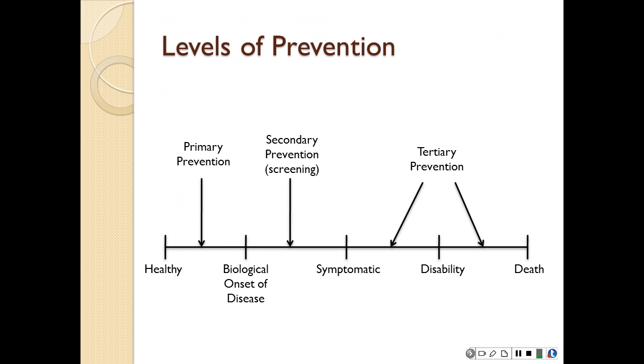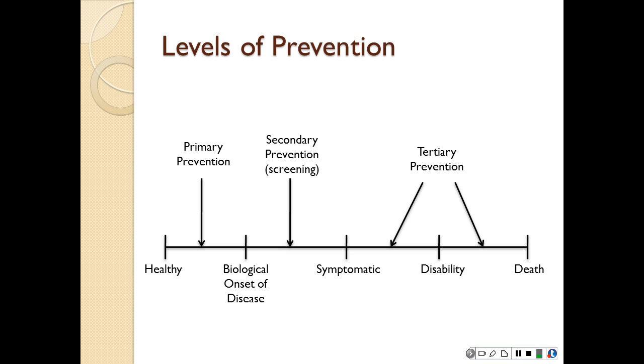So primary prevention, here's our nice little timeline. Not as pretty as the timelines that some of you guys did the first day, but primary prevention, so you're healthy, we want you to stay healthy, we use primary preventive techniques to do that. You get sick. At this point, you don't know that you're sick. So biologically, something has happened and the onset of disease has occurred, you don't know you're sick. This is when secondary prevention comes in.